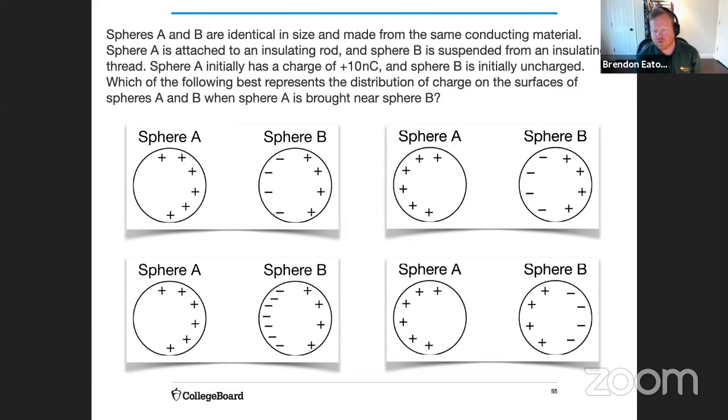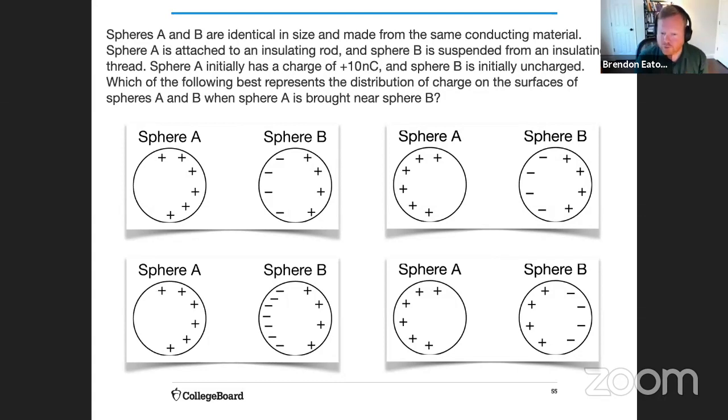The positive charges are moved way over to the right-hand side of the sphere. On the other two choices, the positive charges are all on the left-hand side of sphere A.